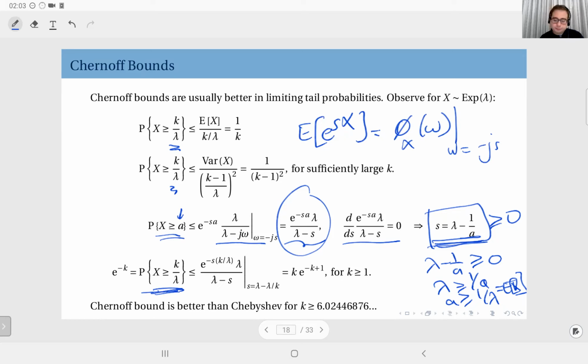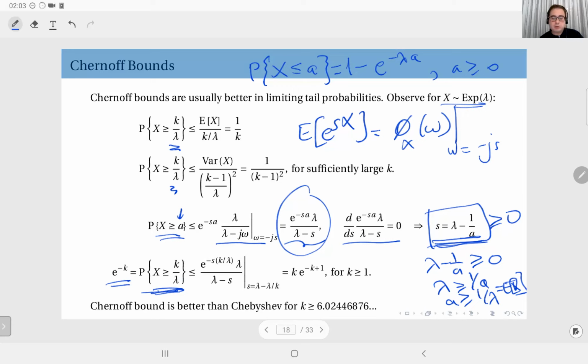If you remember, the exponential distribution was: probability x being less than or equal to a is 1 minus e to the power minus lambda a for a greater than or equal to 0. And if you take the complementary CDF, that is just e to the power minus lambda a. And instead of a, if you put k over lambda, you get e to the power minus k. So that is the exact theoretical value, which we know.